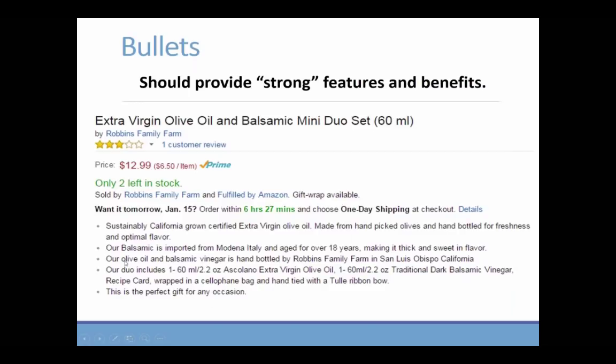You can see how detailed they are. And it goes on to talk about it. This bullet I don't care for. Perfect gift for any occasion. That's simply not true. Everybody is not going to appreciate an olive oil and balsamic vinegar duo. So this is generic, lazy language is what I call it. They could have come up with something for this bullet that was much more detailed and information filled.